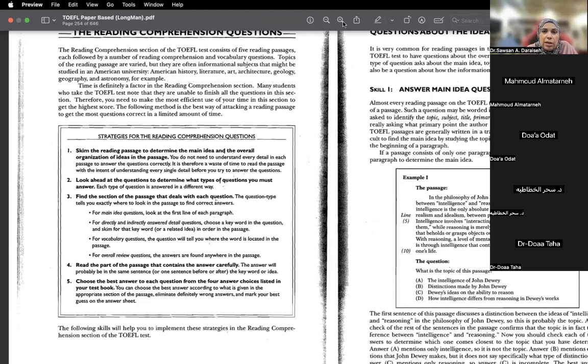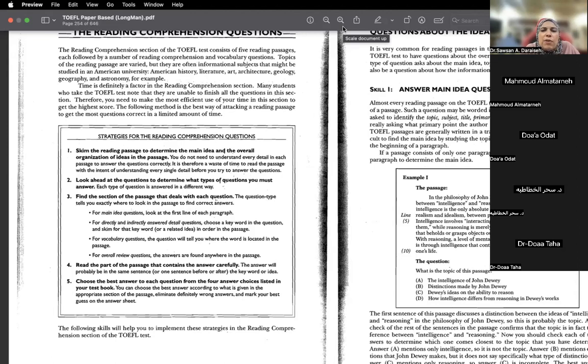But when you practice the reading section of the TOEFL, it's not because you're going to be given the same questions. This is called reading comprehension, which means you are reading to understand and to be able to read questions. It's not to memorize and to be asked the same questions again. All right.